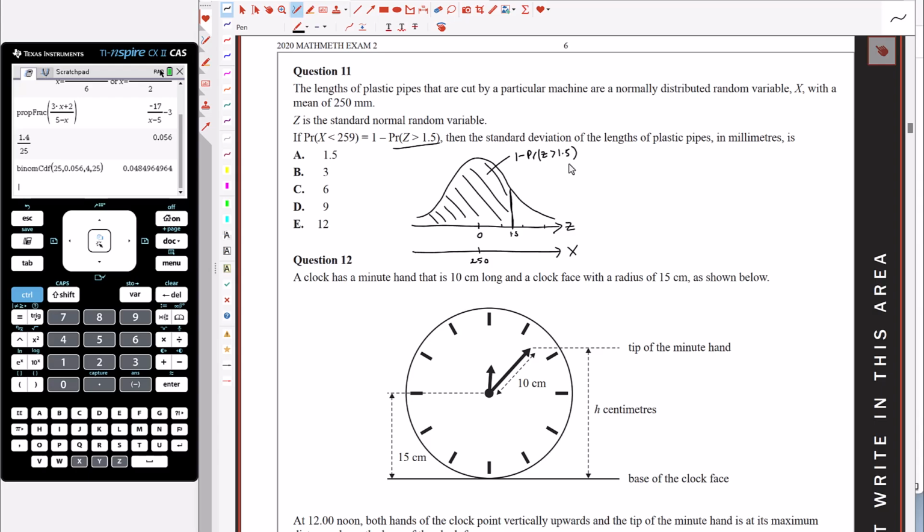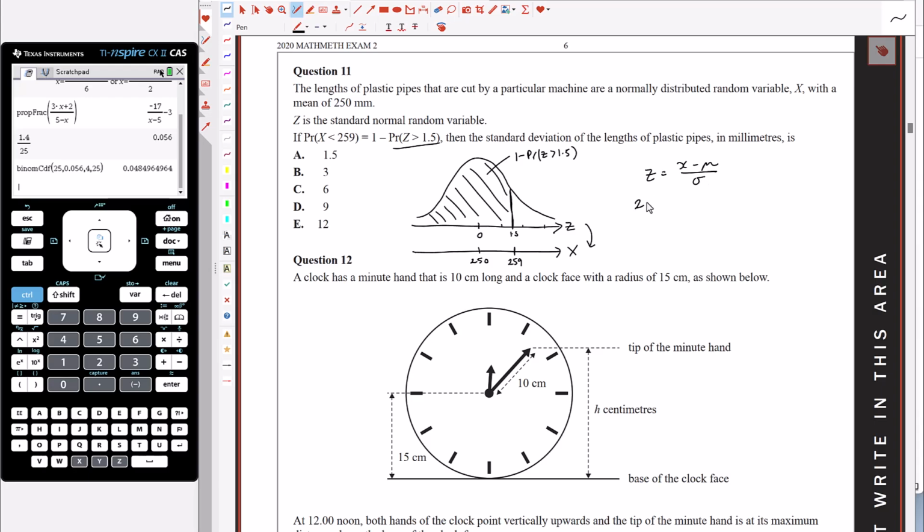Okay, and so we obviously want to convert that into a standard normal. So what we're saying here is that this is going to be the same as 259 in the z distribution. Now you could use a formula here. We know z is your x value minus the mean, divided by the standard deviation.